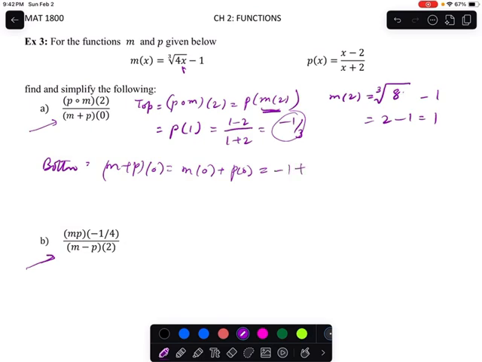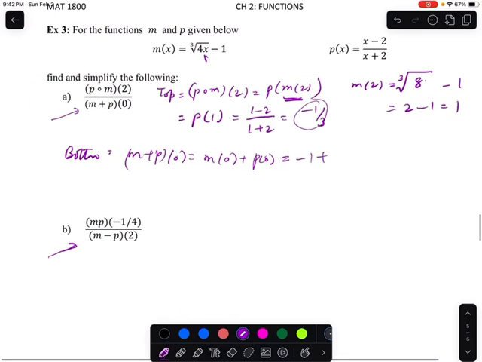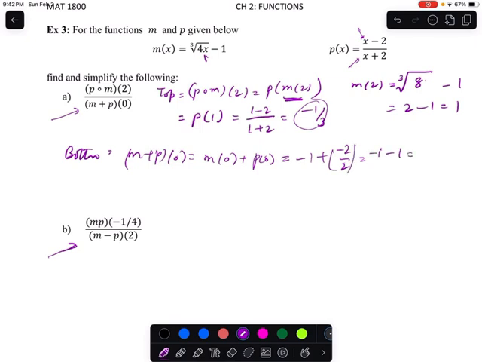P of 0 will also be negative 1, because when you plug in 0 for x, we end up getting negative 2 over 2, which is negative 1. We have negative 1 minus 1, so the answer is negative 2. That is the quantity given here.